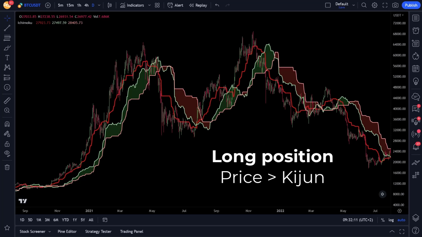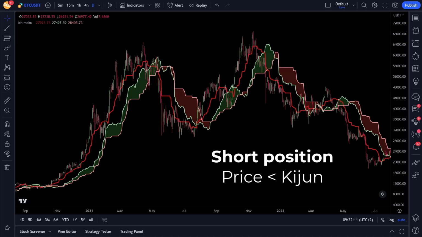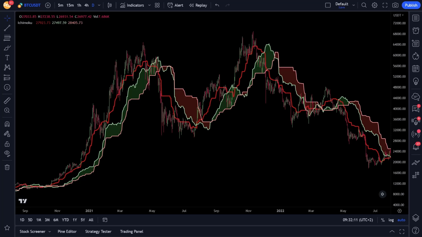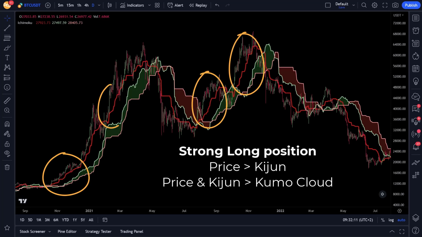A long position is taken when the price closes above the Kijun. And when price closes below the Kijun, a short position is taken. Now, this signal can occur at different positions relative to the Kumo cloud, and each position has its own signal strength. Specifically for bullish or long trades, if price closes above the Kijun and this crossover is above the Kumo, it is considered a strong bullish signal.